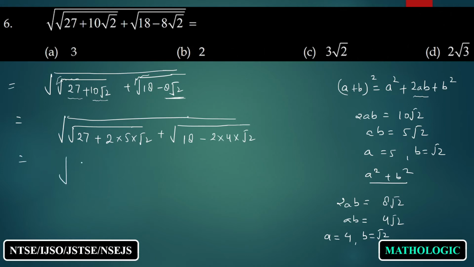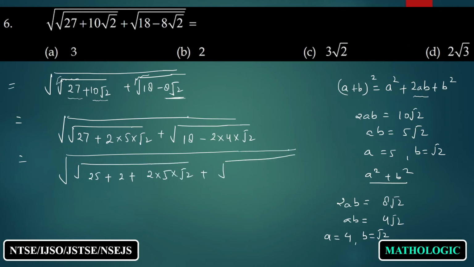In next step we will write this in the perfect square form. So this will become 25 plus 2 plus 2 times 5 times root 2, and then the second square root will become like 18. We can write 18 as 16 plus 2 minus 2 into 4 into root 2. Now see the magic.